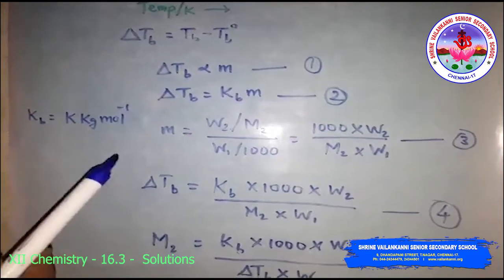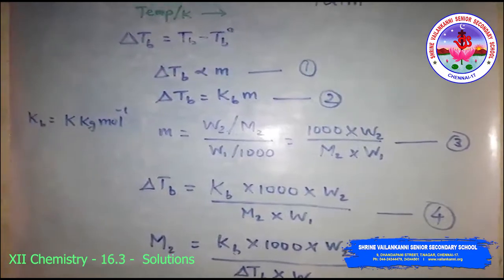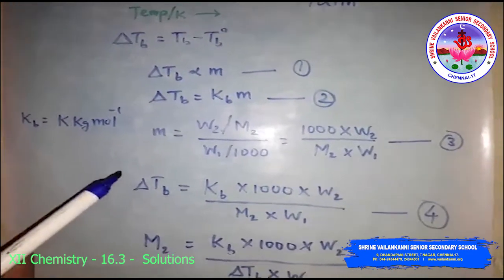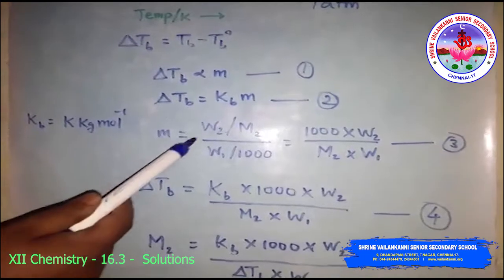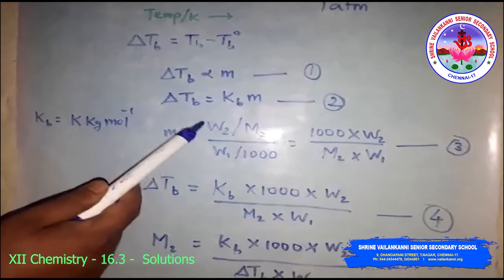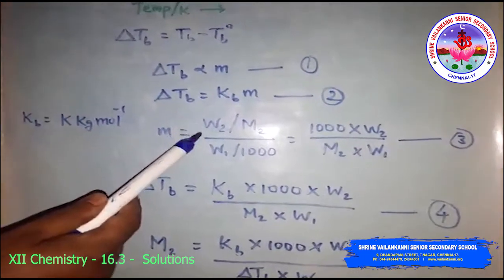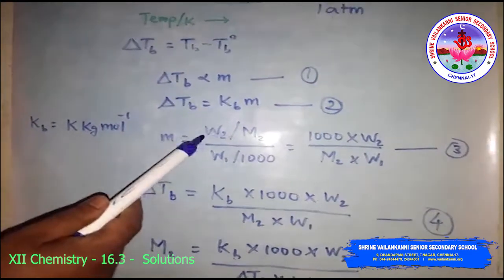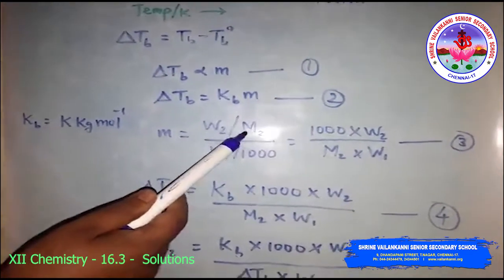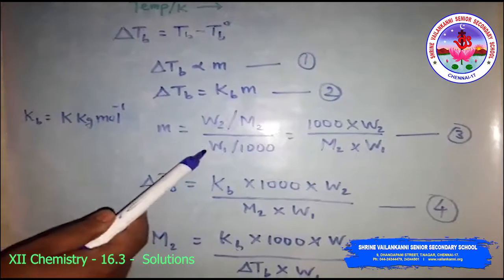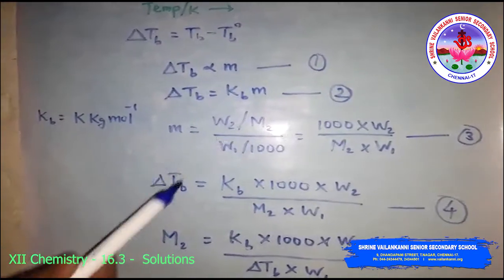Suppose here m is the molality, W2 is the weight of the solute in grams, M2 is the molar mass of the solute, and W1 is the weight of the solvent.